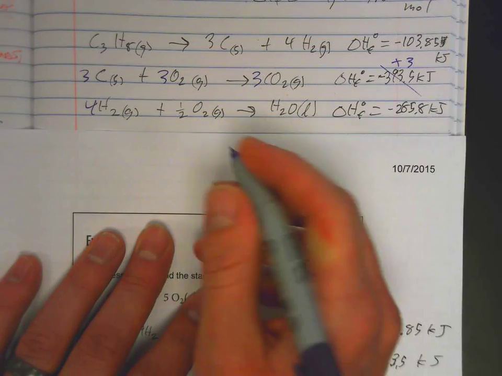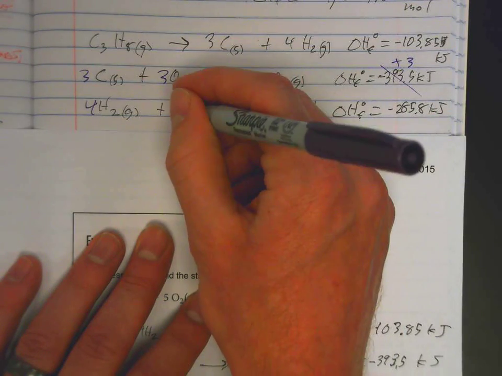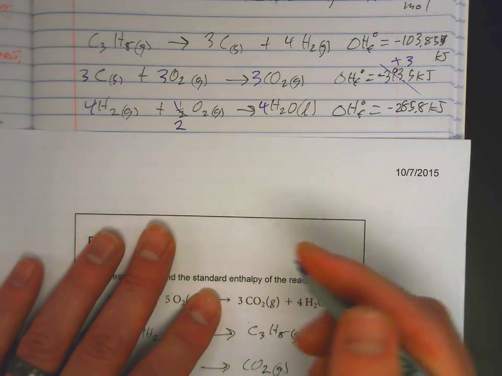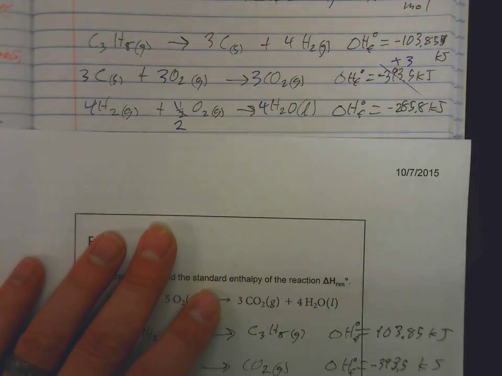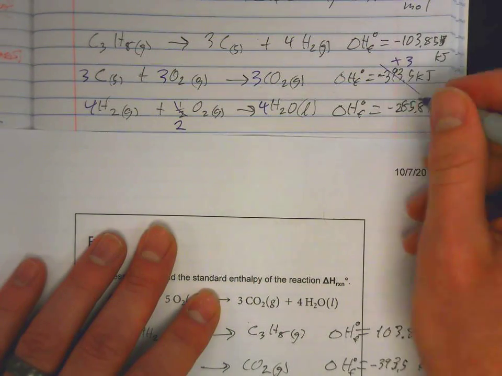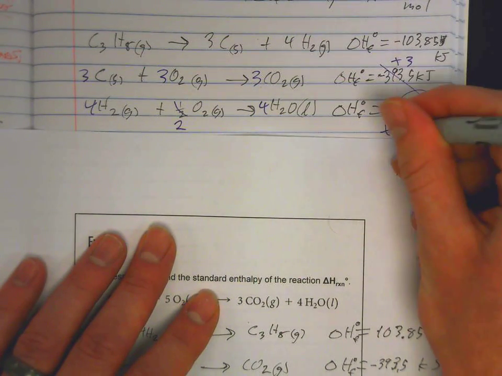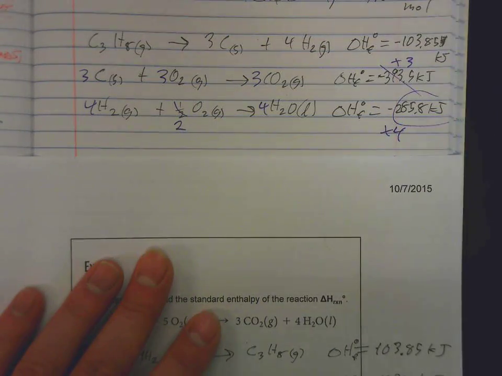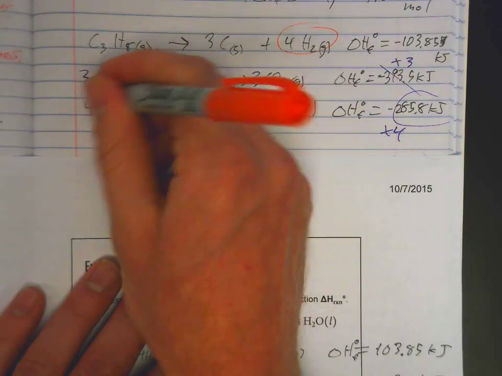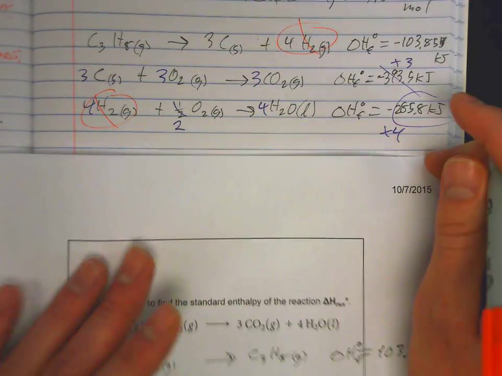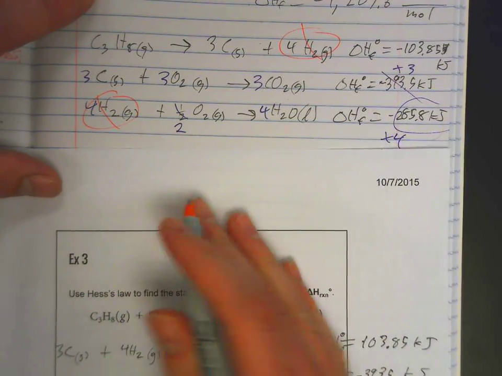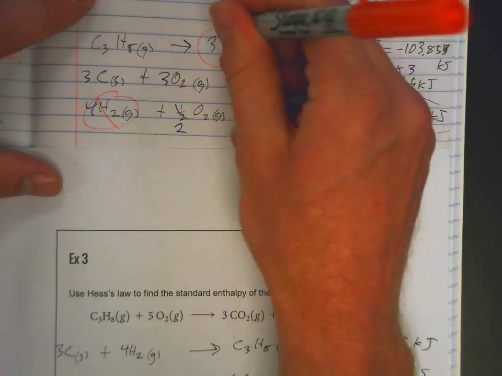We'll need 4 here. And so that's going to give us 2 and 4. So drop out anything that crosses out. This would be times 4 as well. Hydrogens cross out. And so the carbon also crosses out.